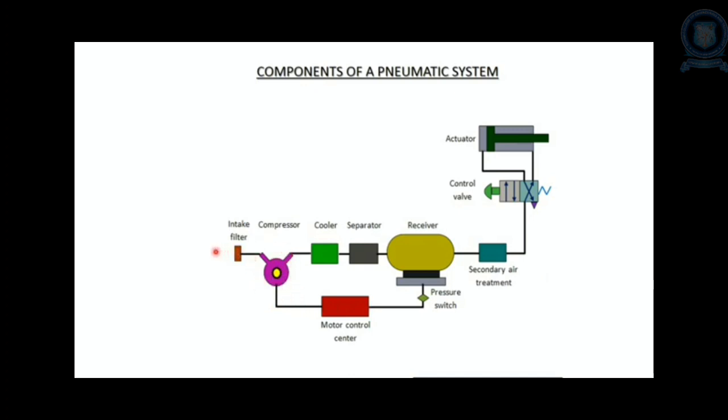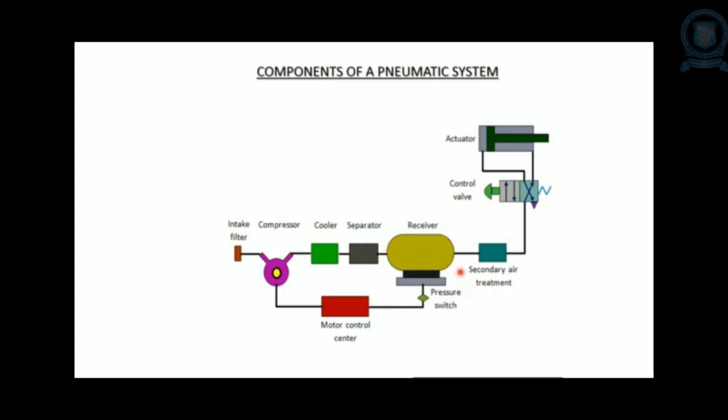So the atmospheric air will come from atmosphere and enter into the compressor. It compresses, or increases the pressure of, the air. Then it is sent to the cooler. Then it separates the foreign particles available in the atmospheric air. Then the purified air will be stored in the receiver.